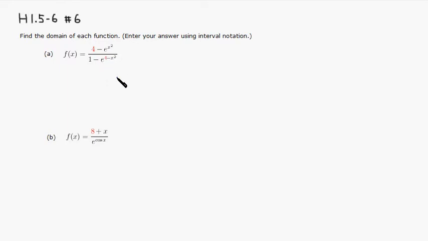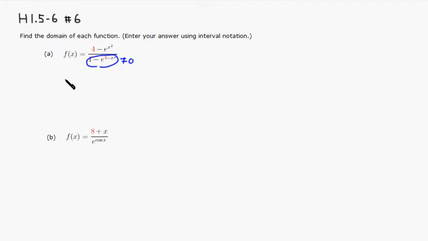Since we have a fraction, we have to make sure that the denominator is non-zero. So the denominator cannot be equal to 0. Let's do that.